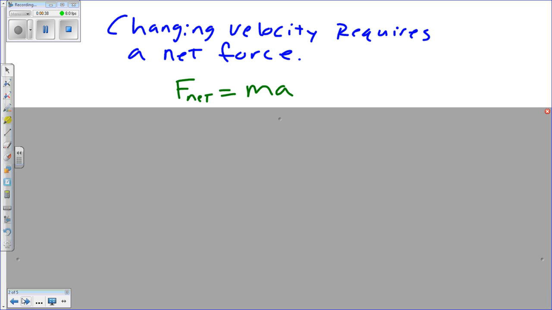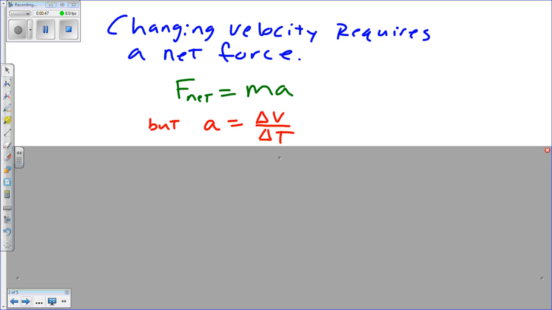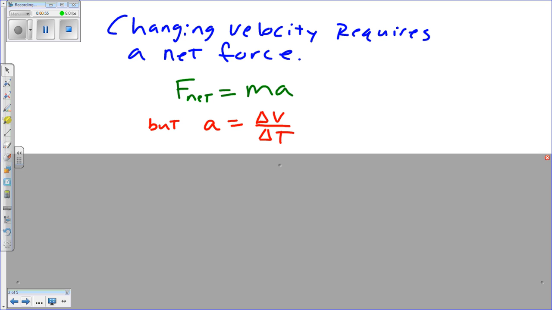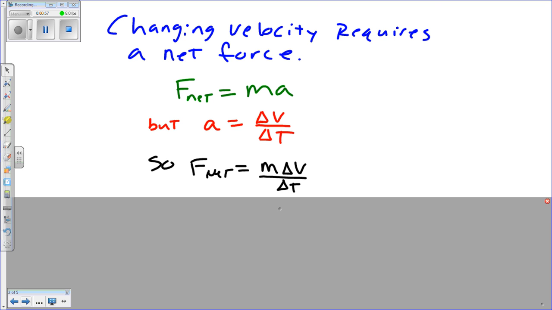So changing the velocity requires a net force. As you know, net force is mass times acceleration. But the acceleration is a change in velocity over a change in time. Let's do a little bit of substitution here. So the net force acting on an object is m times delta v over delta t.